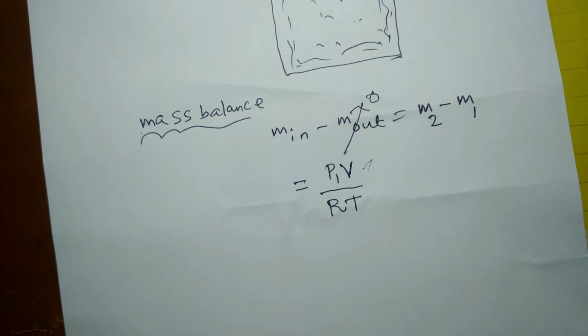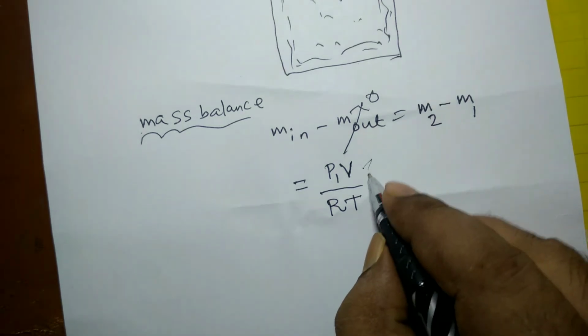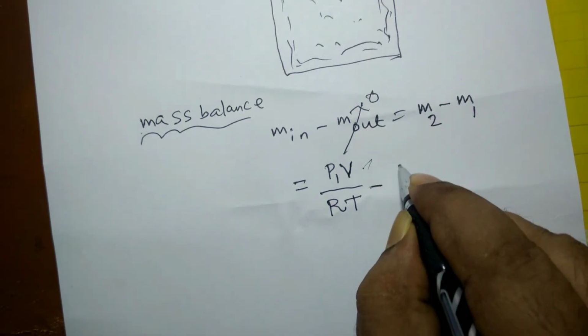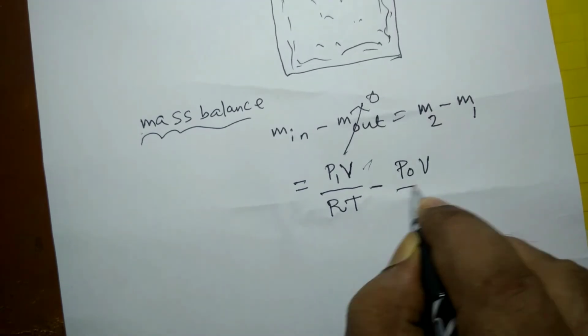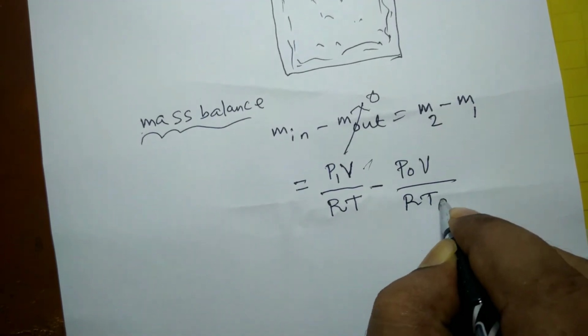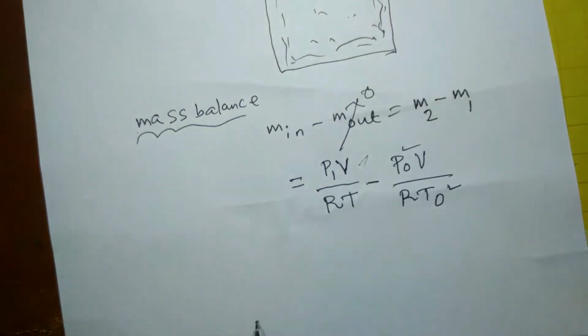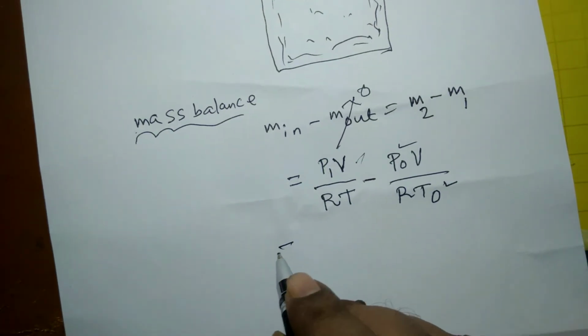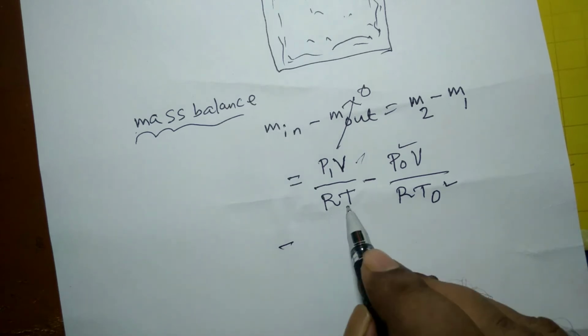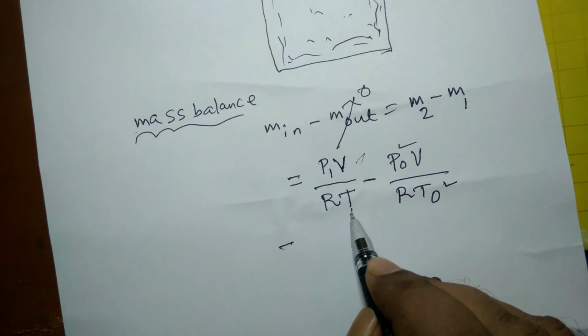So P1 V divided by RT minus P0 V also divided by RT0. ये इनिशियल प्रेशर, इनिशियल टेम्परेचर है इनसाइड द सिलेंडर. यहाँ से हम निकालेंगे where capital T is the temperature of air in the cylinder after it has been charged to the pressure of the line.